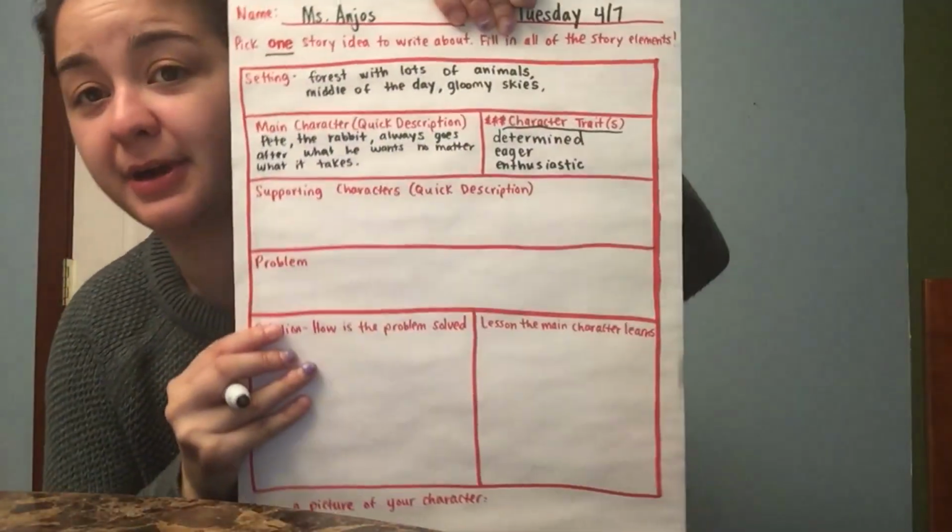Okay? Because he's constantly going after what he wants, I may say enthusiastic, right? Like he's super excited about all his goals. Okay? So I gave 3. You can give 1 or 2.